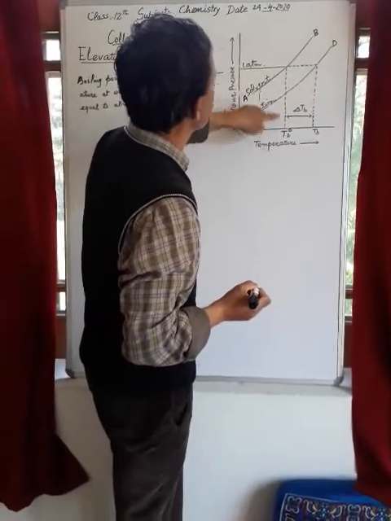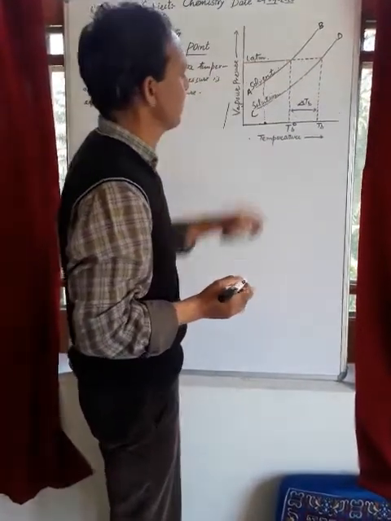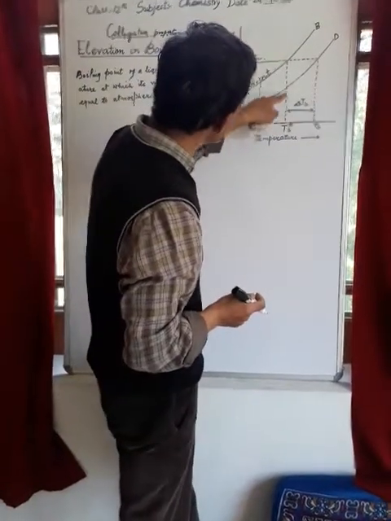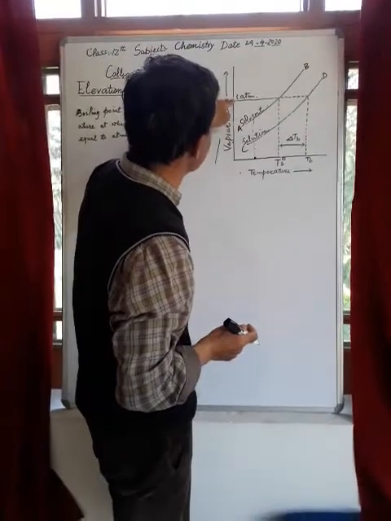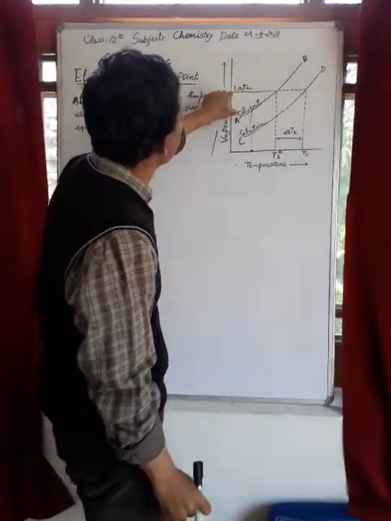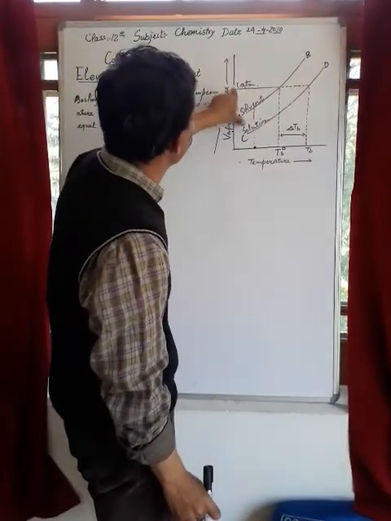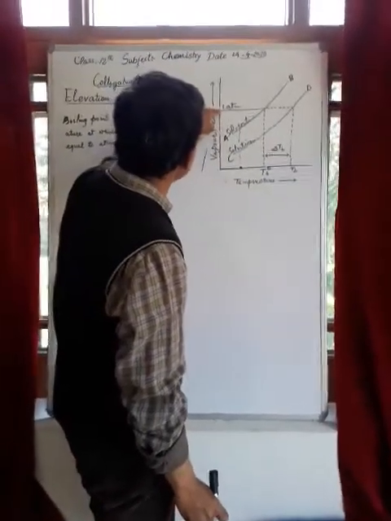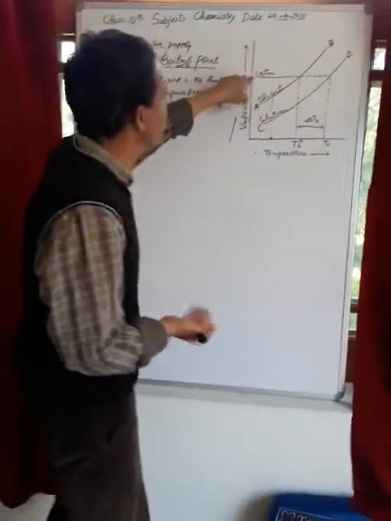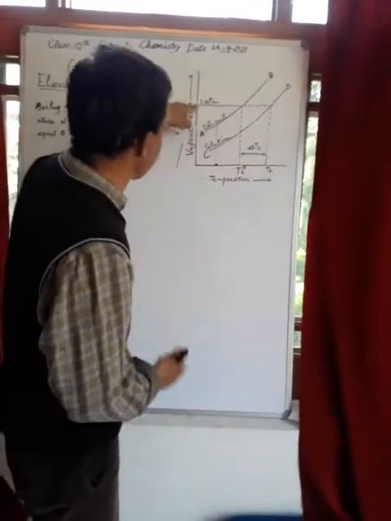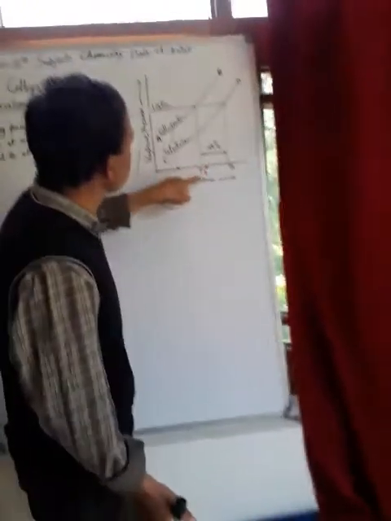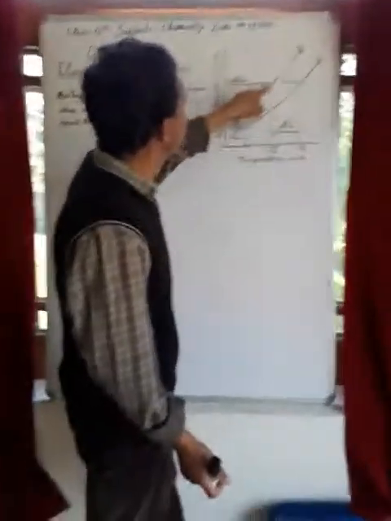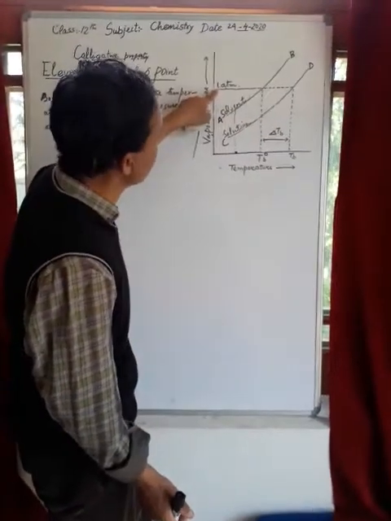So T0B is the boiling point of the solvent. At this temperature, the vapor pressure of the solution is less than 1 atmosphere, because when the vapor pressure of the solvent or the solution becomes equal to 1 atmosphere, that means it will boil. That gives us the boiling point of that solvent or solution. So T0B is the boiling point of the solvent, because at this temperature its vapor pressure becomes equal to 1 atmosphere.